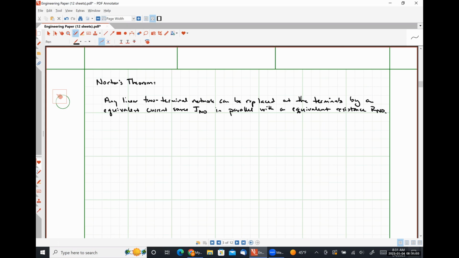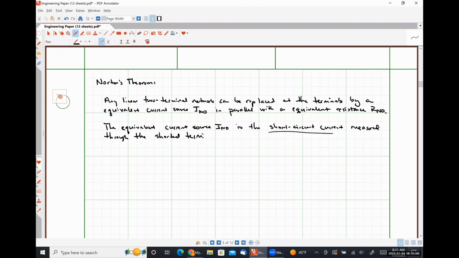Okay. The equivalent current source, I Norton, is the short circuit current, that is important, measured through the shorted terminals of the live network.